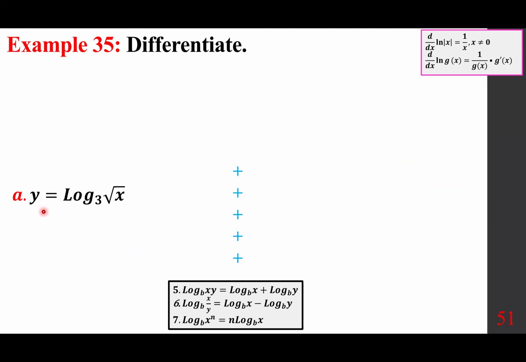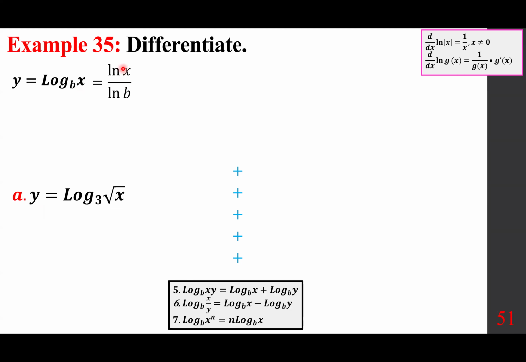Y equals log base 3 of the square root of x. Well, we know how to deal with logs when it's a natural log, when the base is e, but we don't know how to deal with it when the base is not. So what do we do? Simply put, we are going to go with log x base b and use the change of base formula, write it as ln x over ln b.